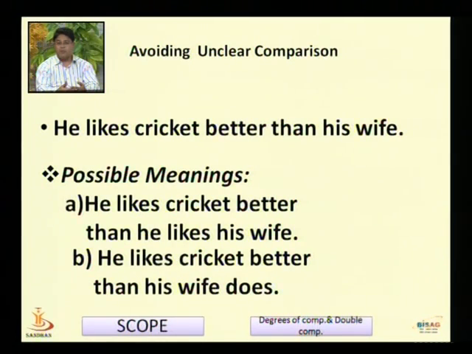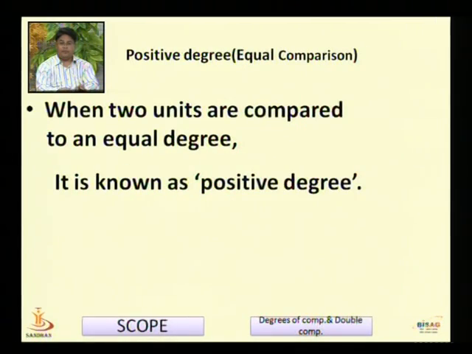The sentence may mean that he likes cricket better than he likes his wife, and it may have this meaning also, he likes cricket better than his wife does, or better than his wife likes. So we should avoid unclear comparison in our conversation.